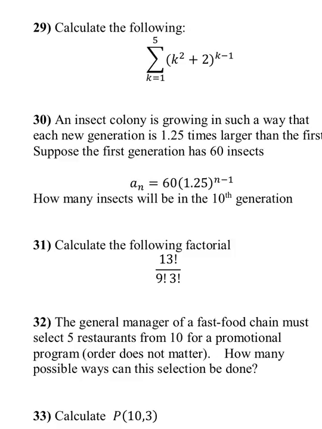Okay, so in problem 29, we're going to use the graphing calculator again. This time we're going to enter the sum into the graphing calculator and find the answer for the summation of the first 5 terms of this geometric sequence.